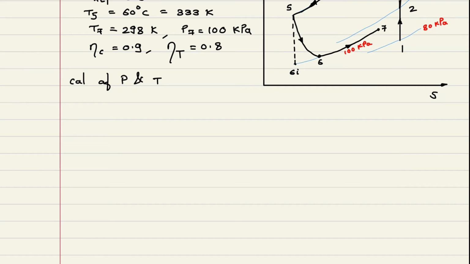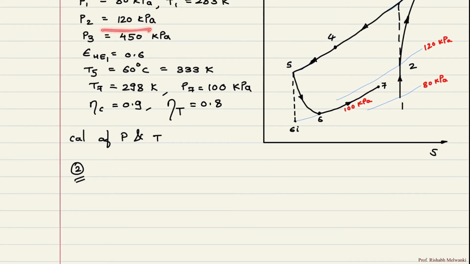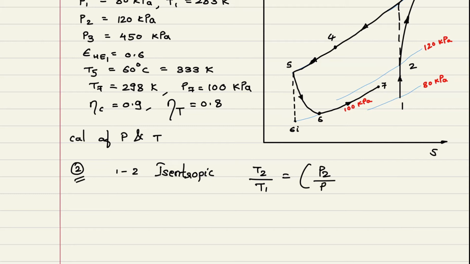So first point, T1, pressure and temperature is given. So we'll go to point 2. For point 2, pressure is given and temperature is not known. And 1 to 2 is an isentropic process. So T2 upon T1 is equal to P2 upon P1 raised to gamma minus 1 upon gamma.